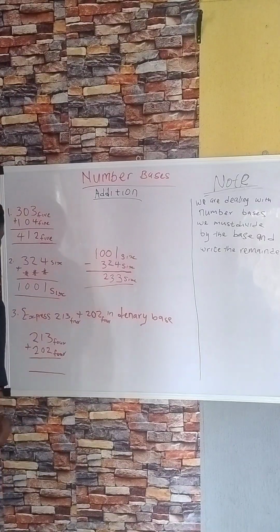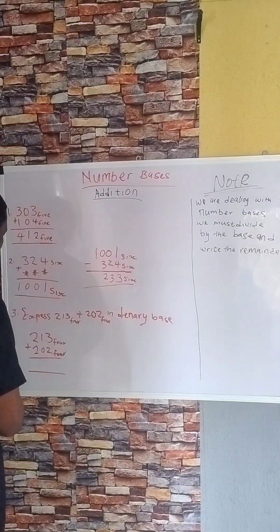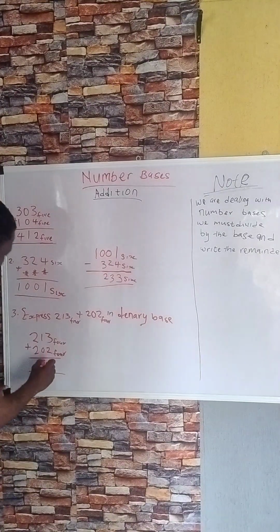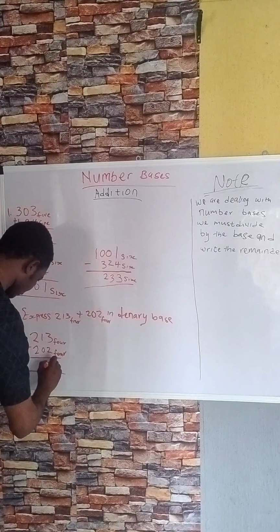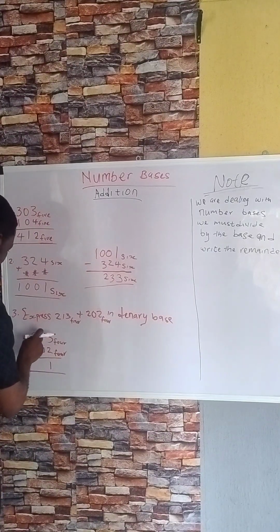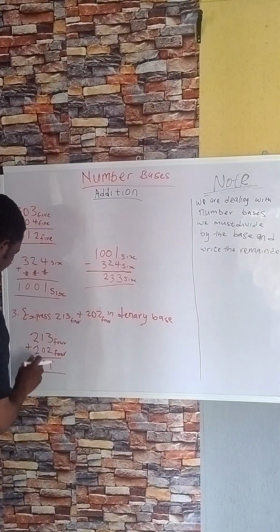So 3 plus 2 will be 5. 5 divided by the base will give you 1 remainder 1. So you have to write down the 1 and bring the remainder over here. 1 plus 1 is 2, plus 0 is still 2.